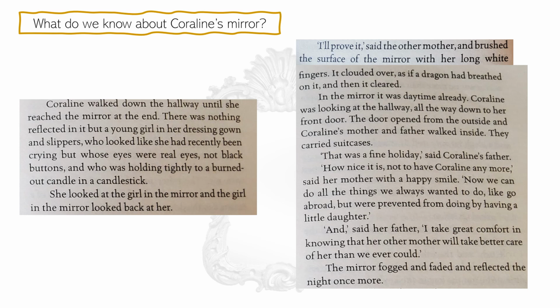That was a fine holiday, said Coraline's father. How nice it is not to have Coraline anymore, said her mother with a happy smile. Now we can do all the things we've always wanted to do, like go abroad, but we were prevented from doing by having a little daughter. And, said her father, I take great comfort in knowing that her other mother will take better care of her than we ever could. The mirror fogged and faded and reflected the night once more.